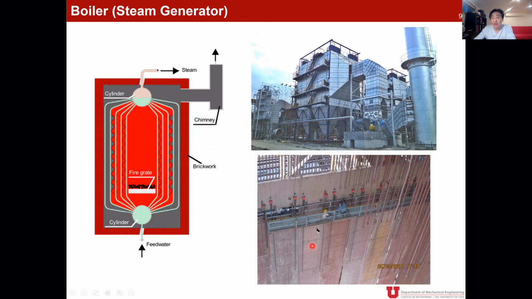So that is inside the boiler wall, and as you see, there are a lot of pipelines installed. In the middle we have fuel burning, right? This big combustion process delivers heat to the pipelines, and the water flowing inside the pipelines generates steam.